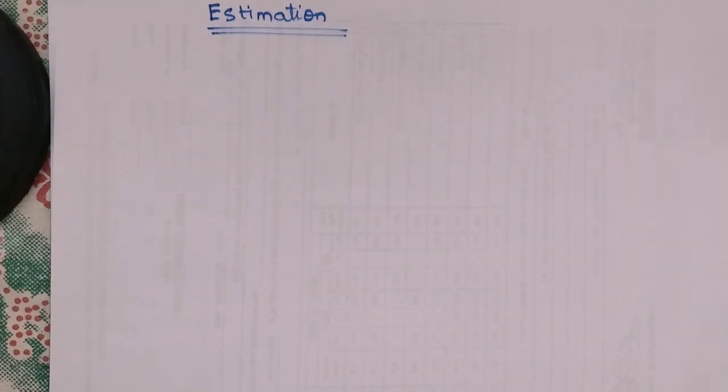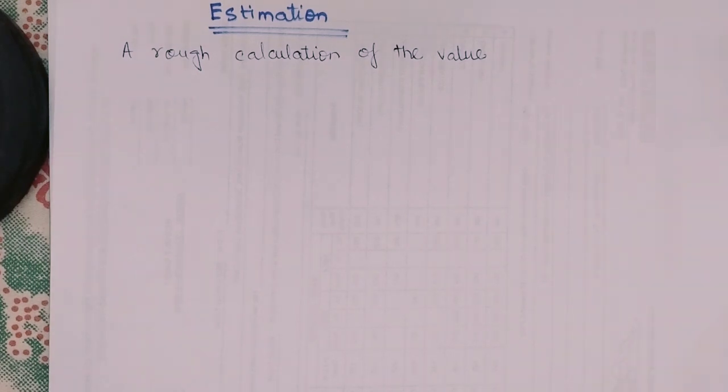Estimation. First of all, let's see what estimation is. A very easy wording definition which I wrote here is a rough calculation of the value. This is called estimation. You can estimate your result, you can estimate your weight, everything you can estimate.